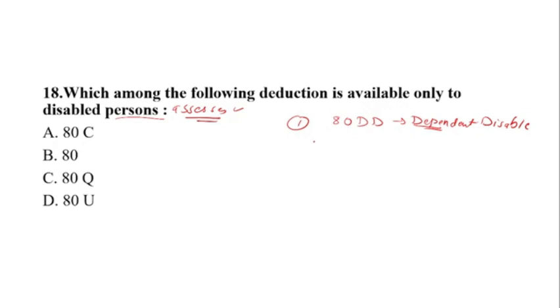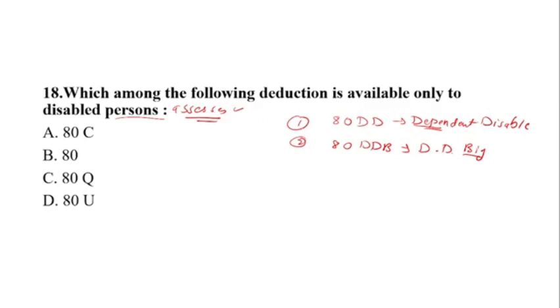And in case of 80DDB, that is dependent disabled for a severe disease: if a dependent has a severe disease like cancer or a tumor, then he will also get a deduction under section 80DDB. But what about the person who is the assessee and is also facing the same problem with some disability?